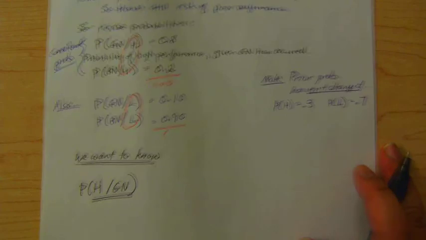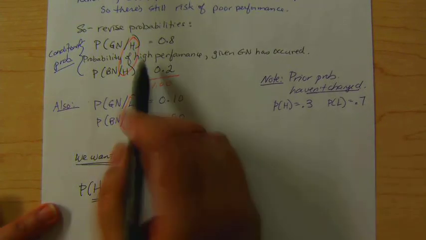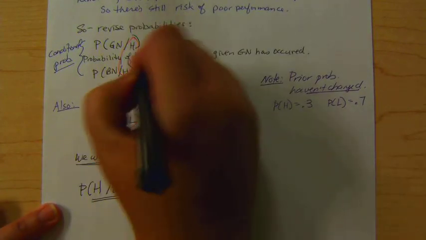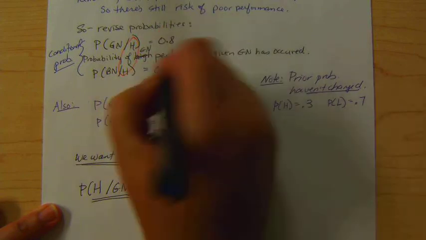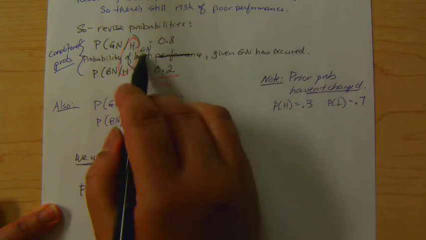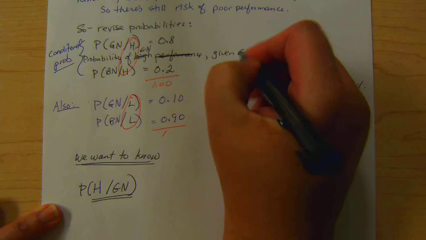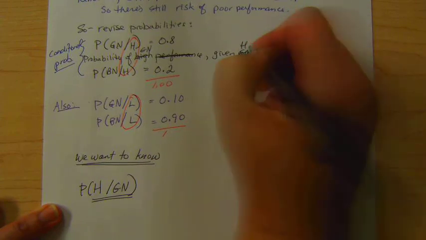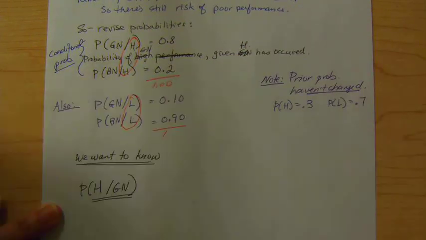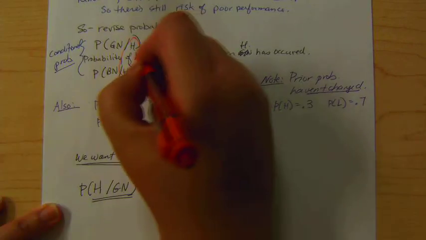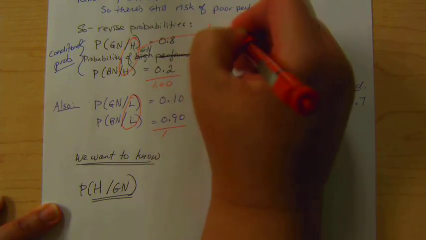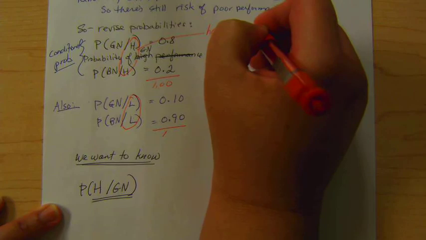Guys, I might have reversed this. Damn it. This is probability of good news performance. Probability of good news given high has occurred. Sorry about that. So these things in red have occurred. Sorry.